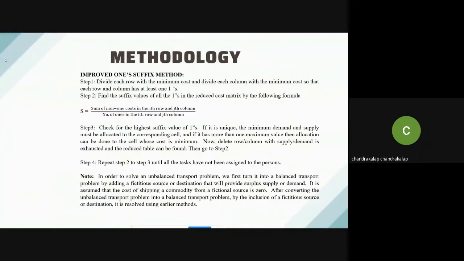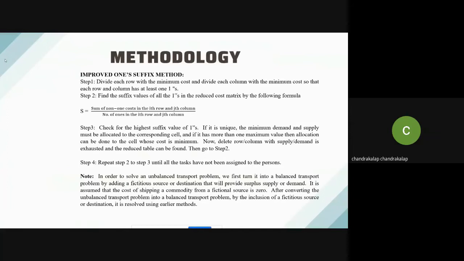We divide each row and each column by 1 so that each row and column has at least one 1. Next we find the suffixes for all ones using the formula S equals the sum of non-one costs in the ith row and jth column divided by the number of ones in the ith row and jth column.